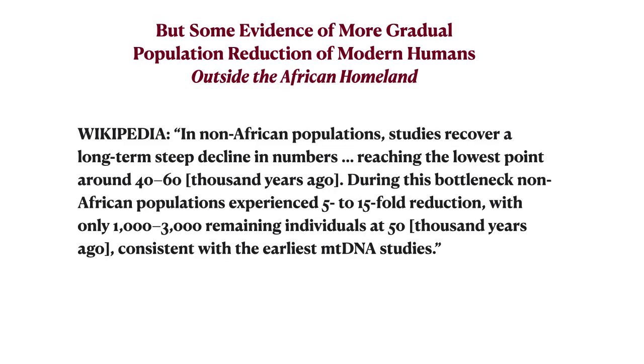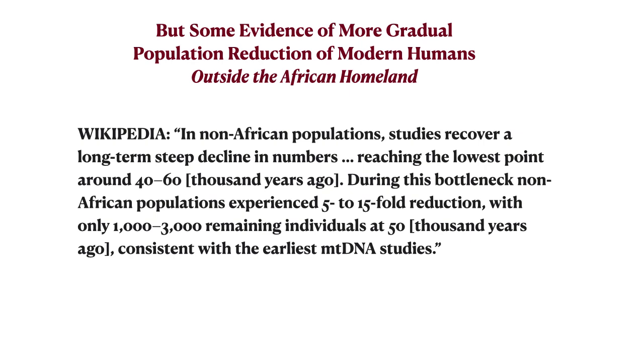But there is a but there. Genetic evidence does show that non-African populations, after coming in, had declined. So they're coming in, at least the main group coming in around 70,000 years ago from Africa, and then declining significantly.